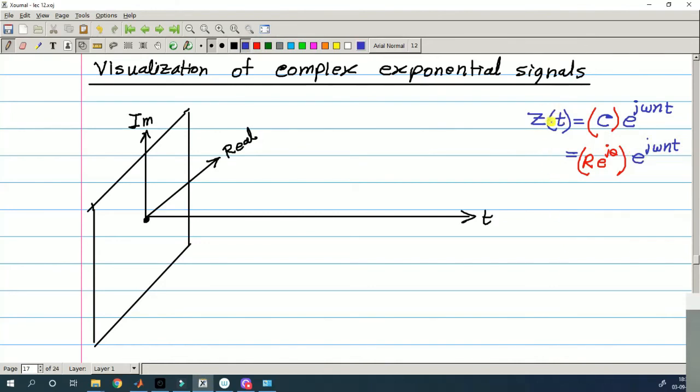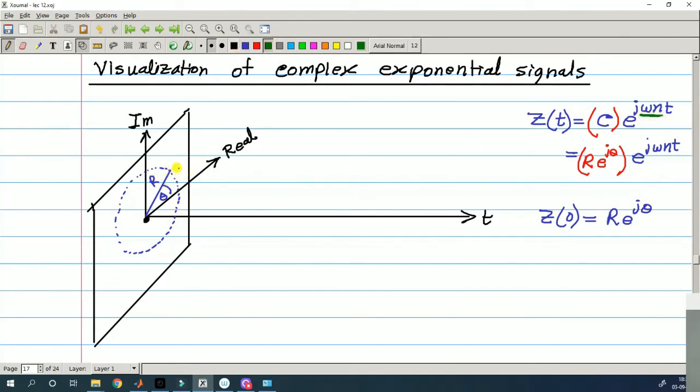Then at t equal to 0, z(0) will be r e to the power j theta, which can be represented as a vector with length r and angle theta. And then as time increases, z(t) will have a circular locus rotating anti-clockwise in the Argand plane with the angular velocity omega n.